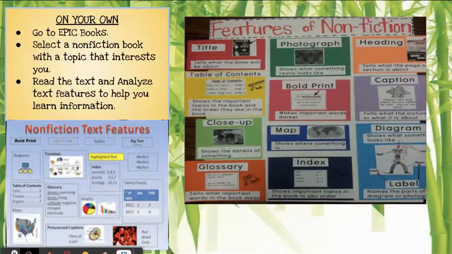Take a look at the table of contents, headings, captions, maps, indexes, glossaries, close-ups, maps, charts. Are there bullets, timelines, diagrams with labels or without labels? Pause this page if you have to so that you can refer back to the features of nonfiction.